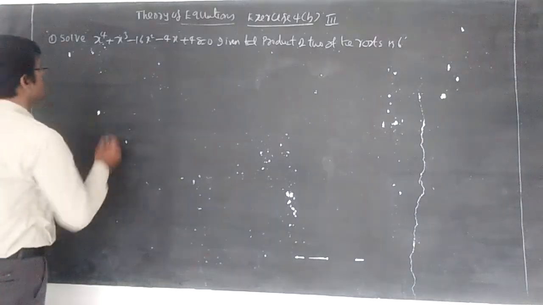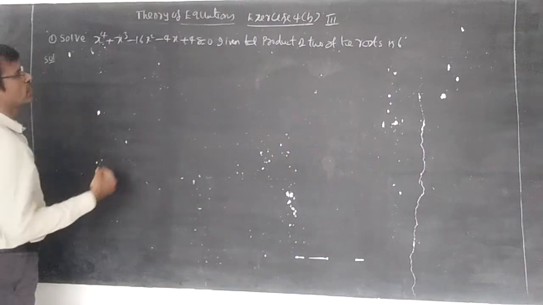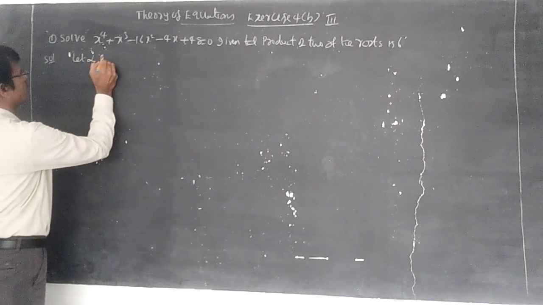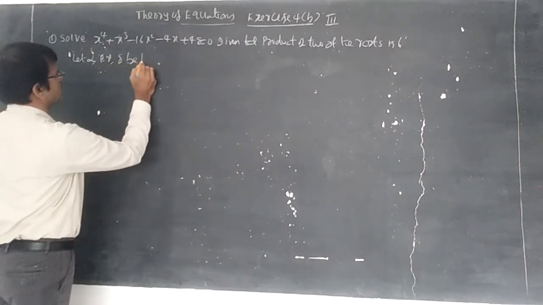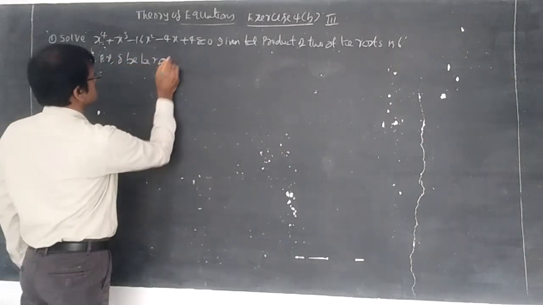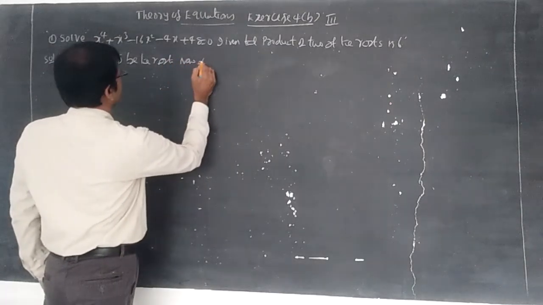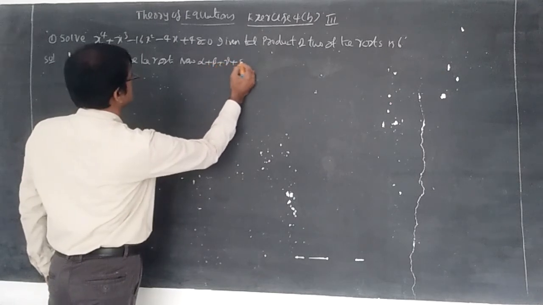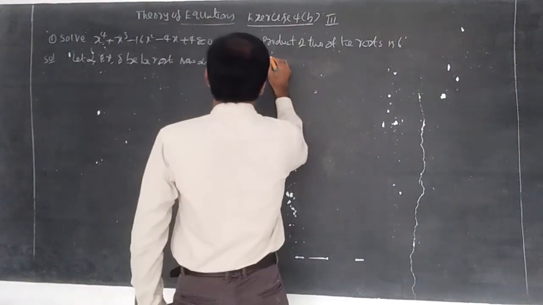Now we need to calculate. For f of x, let alpha, beta, gamma, delta be the roots. Now alpha plus beta plus gamma plus delta, that is S1, is equal to minus 1.